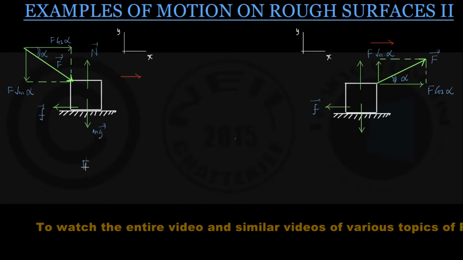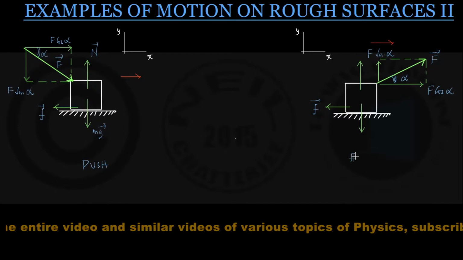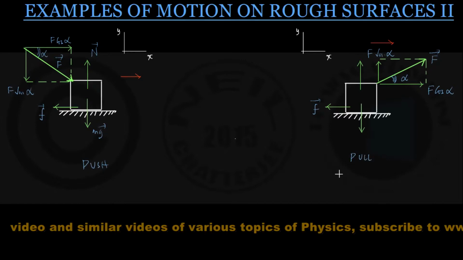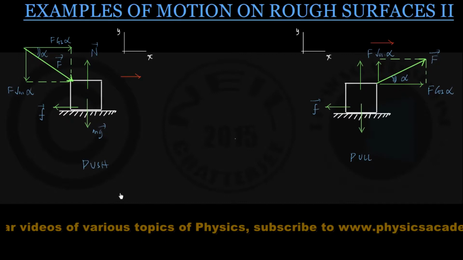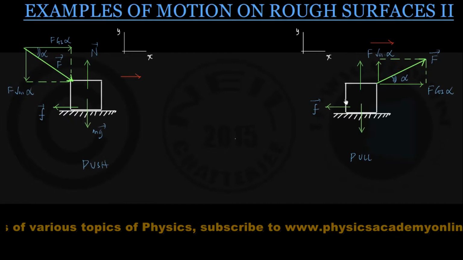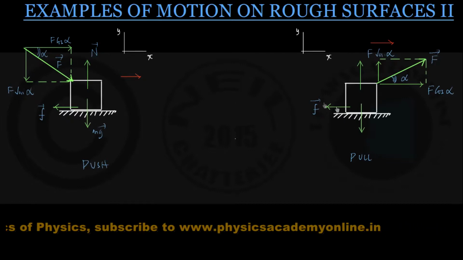So this is the case of pushing a box, and this is the case of pulling the box. See, if you compare the figures, the same box is shown in both cases. The vertical forces N, mg, they match exactly the same.